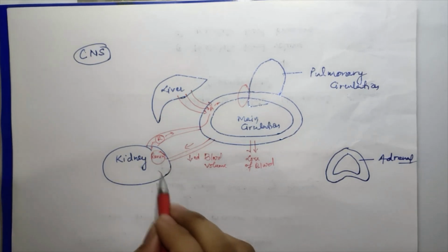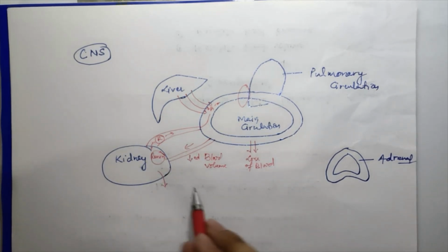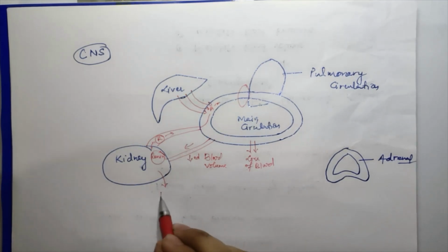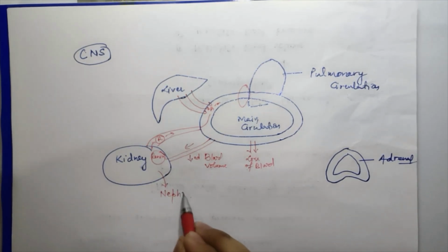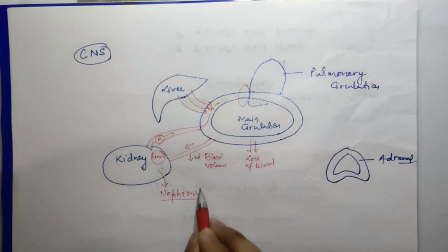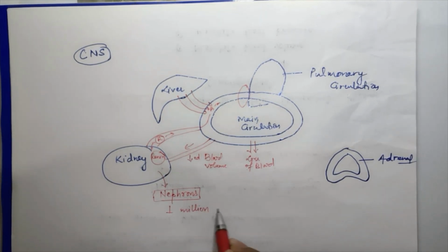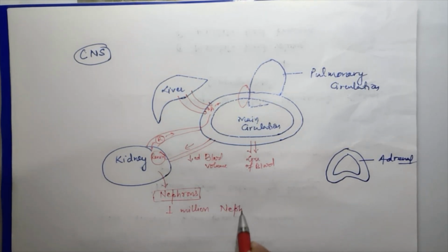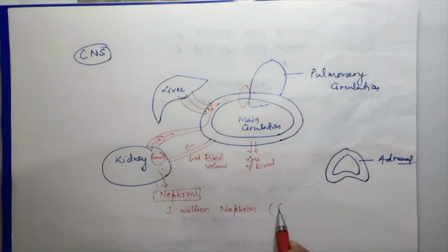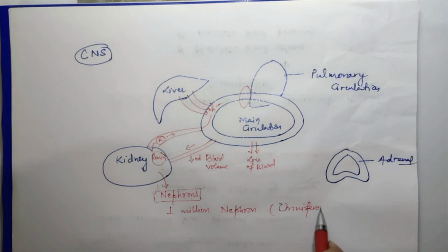Kidneys have a large number of structural and functional units, and these are collectively called nephrons. On an average, a single kidney has around 1 million nephrons, which are also called uriniferous tubules.